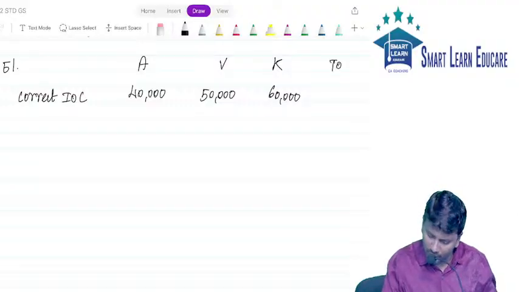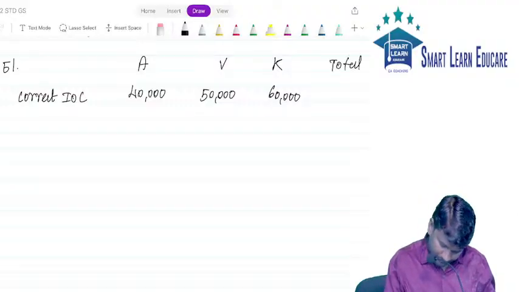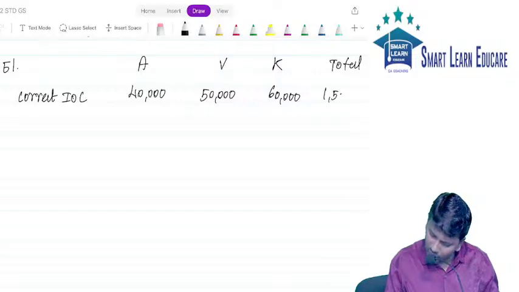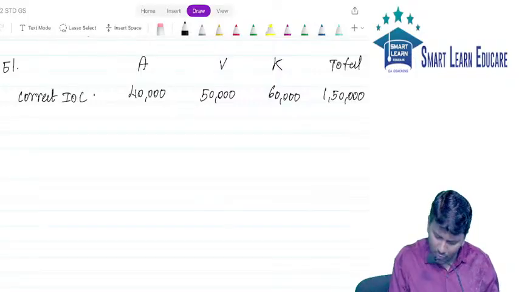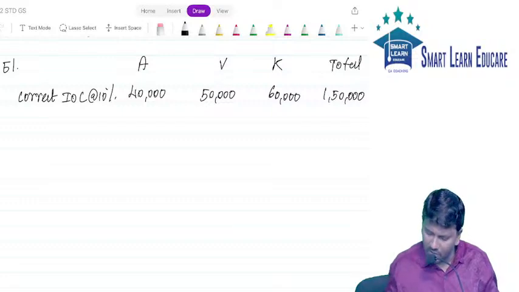This is the total of the correct order: 1,50,000. Correct IOC is at 10%.